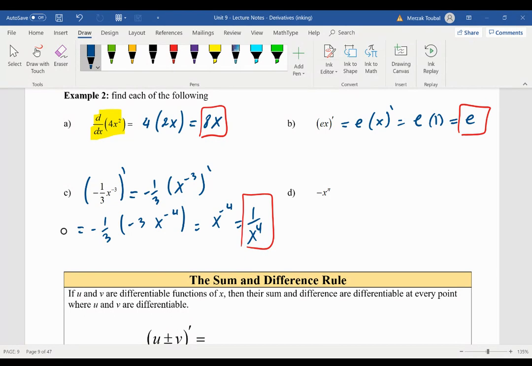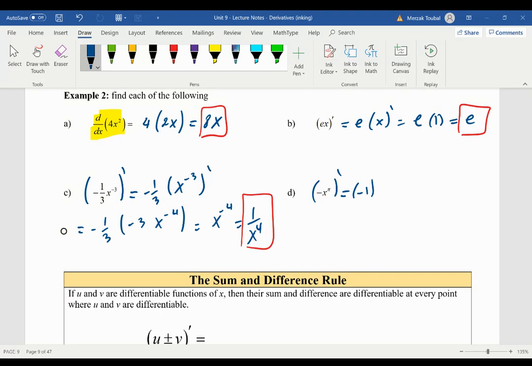Example D, negative x to the pi. Same thing. The question is missing the derivative. Means find the derivative of negative x to the pi. So what we have to do is hold on to the negative 1. The negative is the same as negative 1.